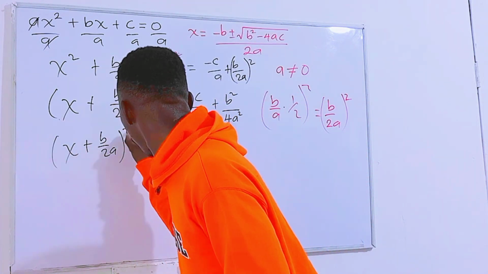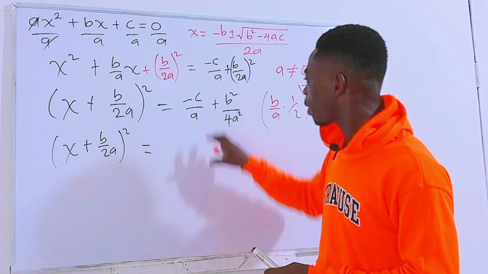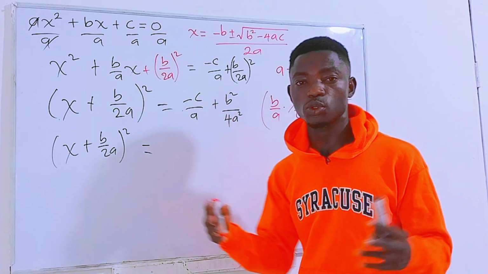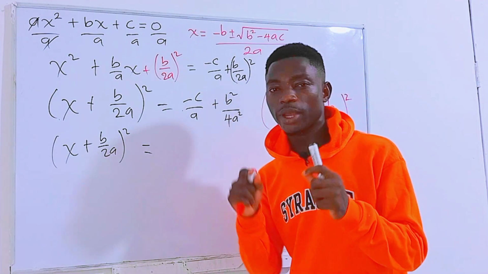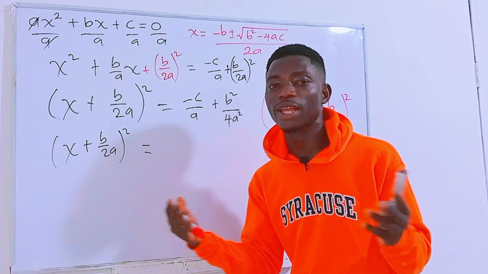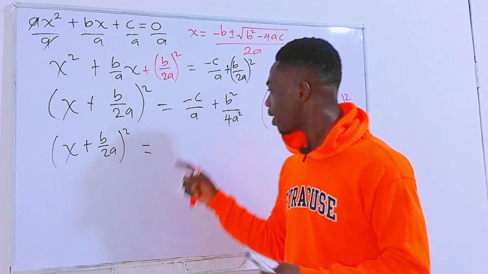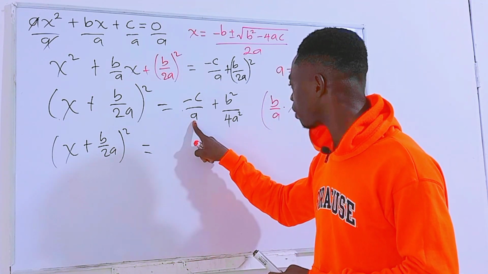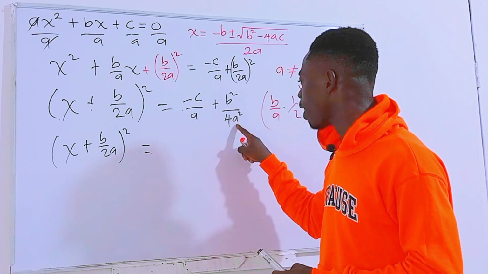X plus b over 2a squared, and this is equal to, we have two fractions here that we are supposed to combine. And remember, we can only combine two fractions if their denominators are the same. For this fraction, we have the denominator to be a. For this one, we have 4a squared.